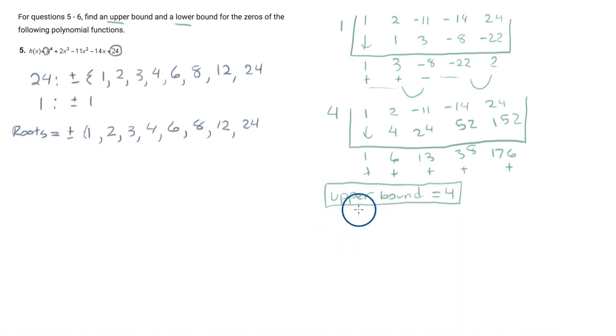To find our lower bound, remember we're looking for these signs to be alternating. So negative to positive, or positive to negative, etc. And so let's see what happens if we test out the number negative 6. So let's do our synthetic division one more time.